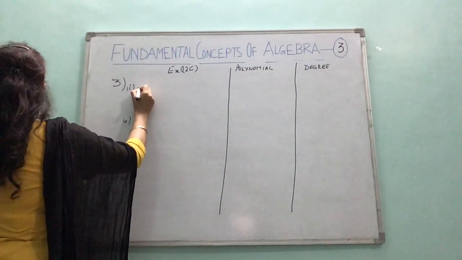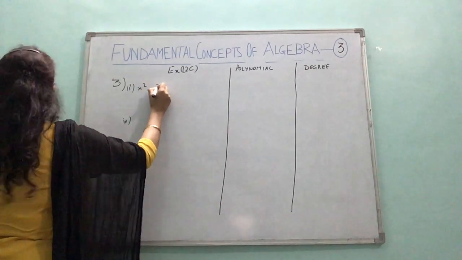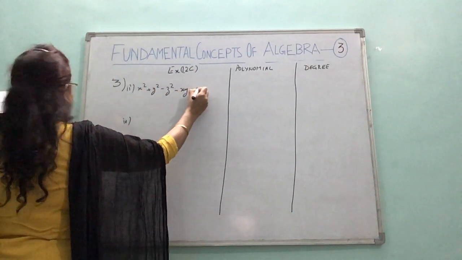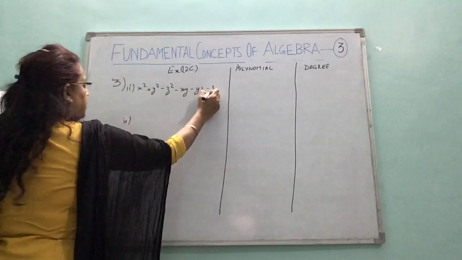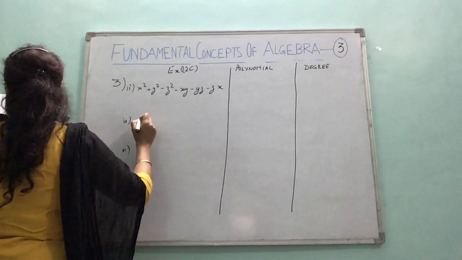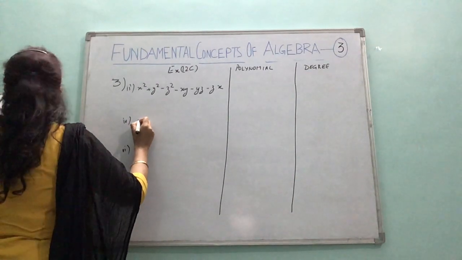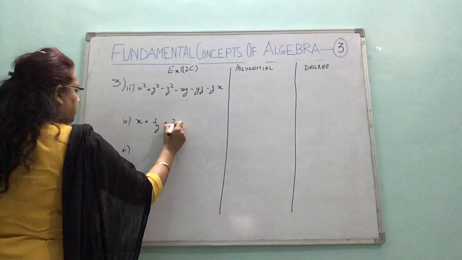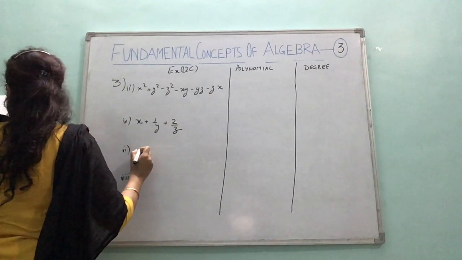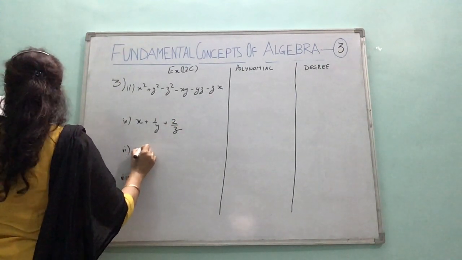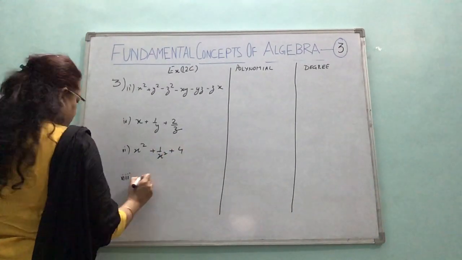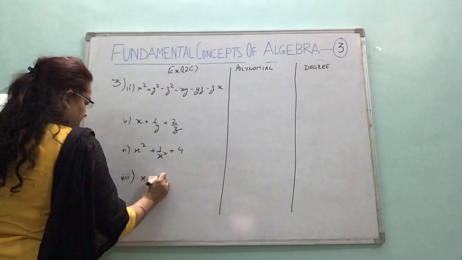Second: x square plus y square minus z square minus xy minus yz minus zx. Fourth: x plus 1 upon y plus 2 upon z. Sixth: x square plus 1 upon x square plus 4. Eighth: x plus 1 upon x.